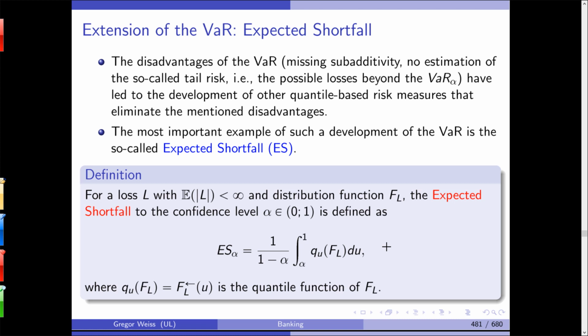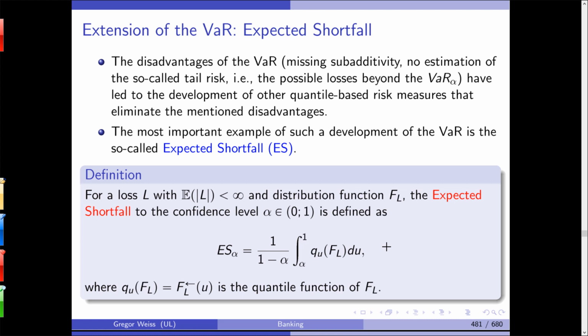And what they came up with is, I would always call it expected shortfall. You will also find this under the name tail VAR, conditional VAR, conditional value at risk, or some variant of this. I would always call it expected shortfall.